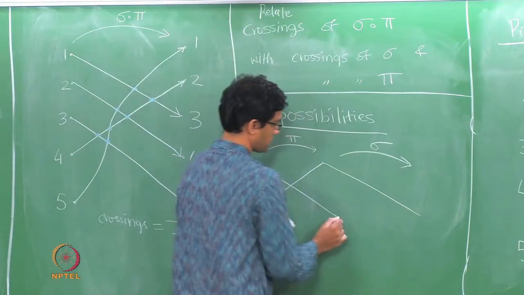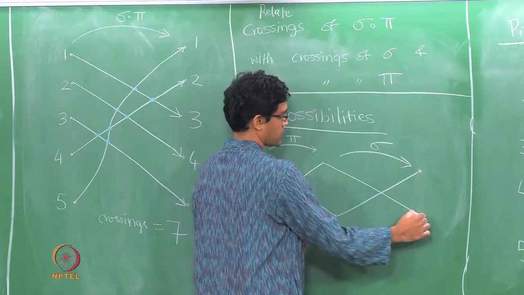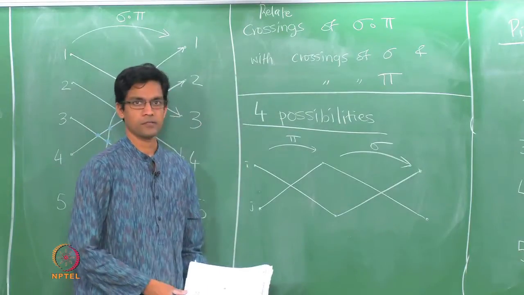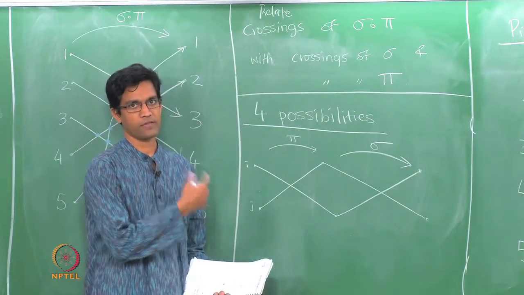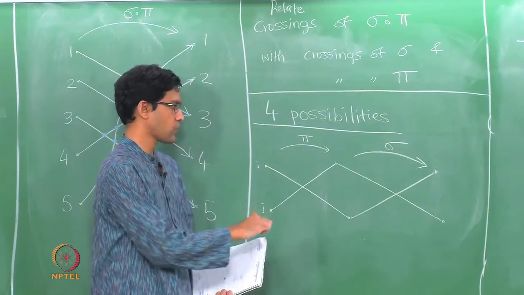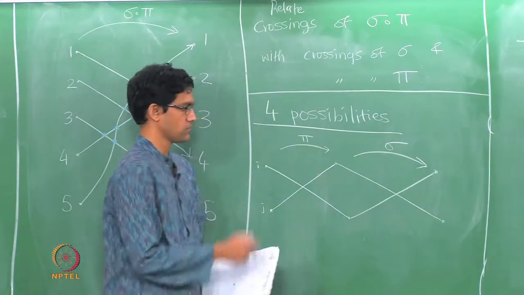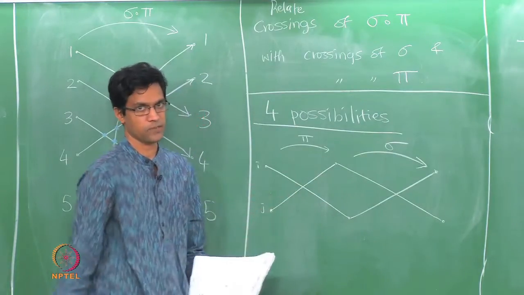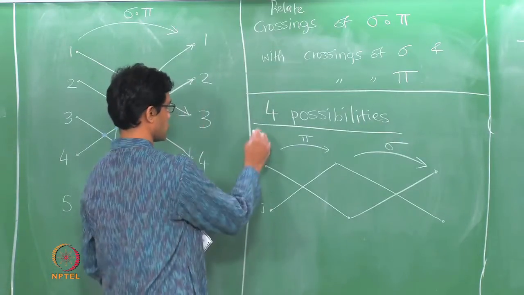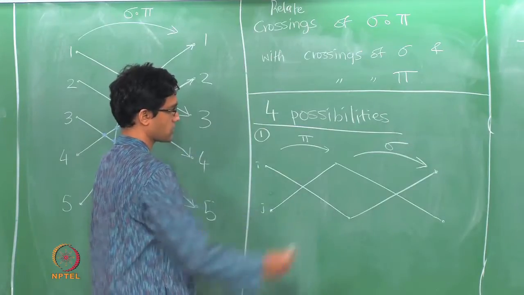Sigma again leads to a crossing, it inverts the order of these 2 elements. So here is one possibility, that for this pair i, j, pi gives me a crossing, and for the resulting numbers sigma again gives me a crossing. So this is 2 successive crossings. This is case 1, the very first possibility.